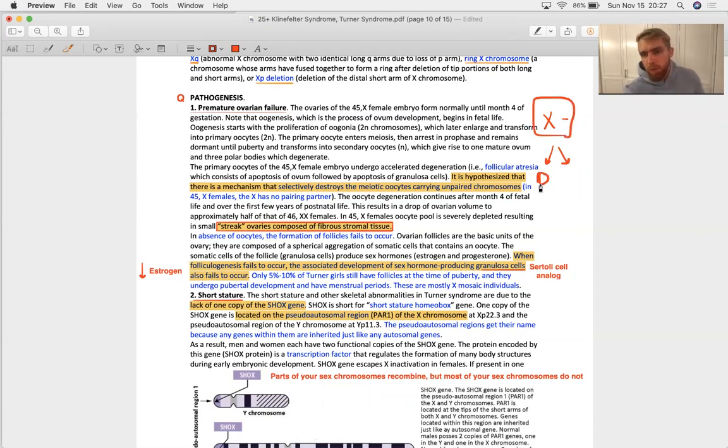So because of that, like half of the eggs that you're going to be making are going to be deficient in some way because they just won't get a full set of chromosomes because you're missing that second X.